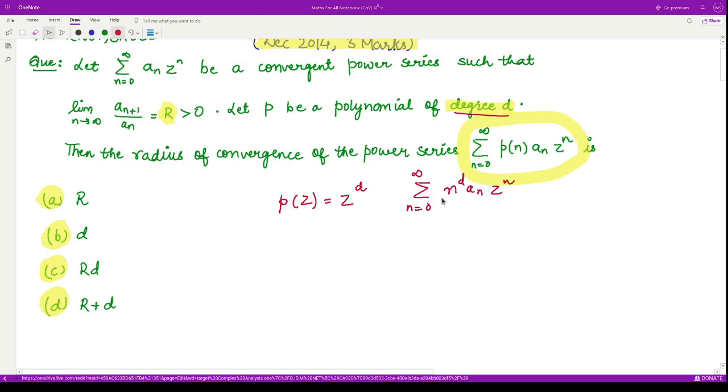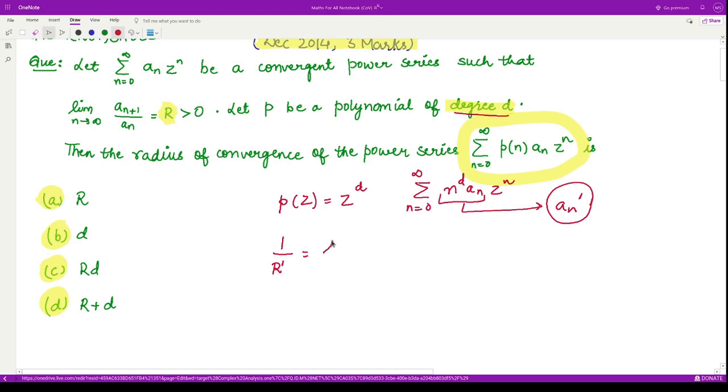So in the new power series, let us call this a_n dash. In order to calculate the radius of convergence of this newly created series, I am calling the radius of this new power series r dash.